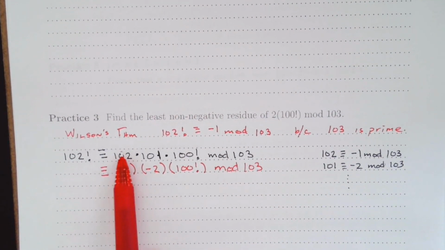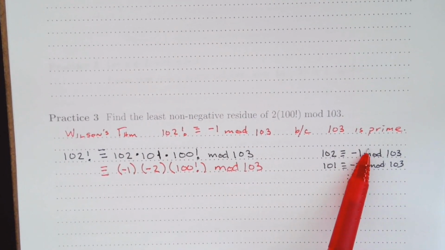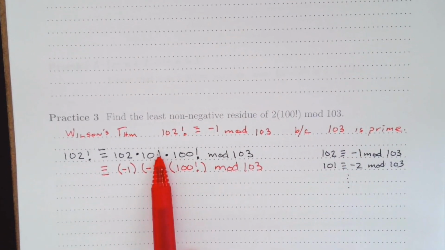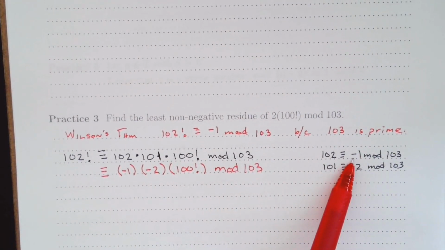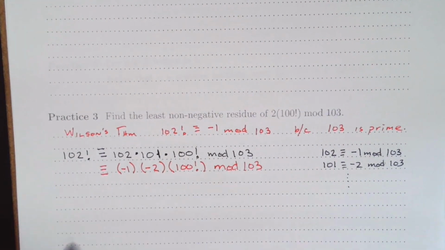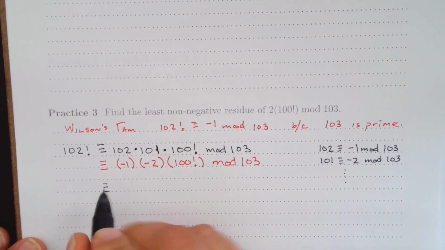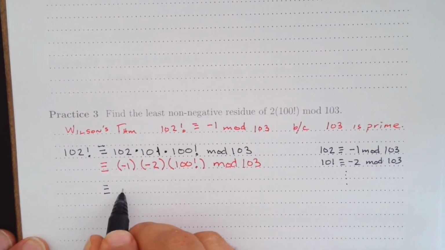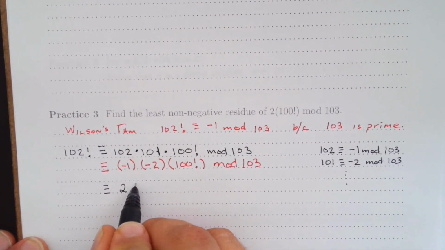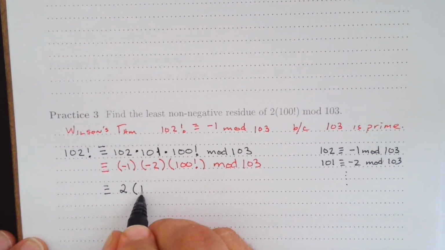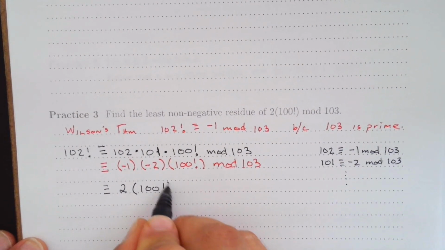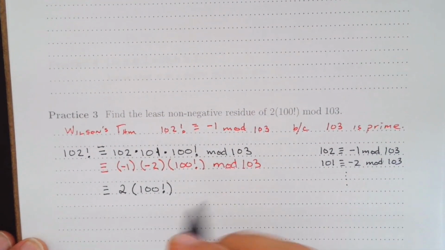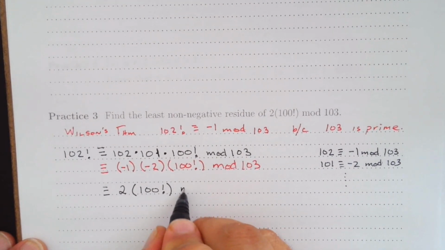But this 102 can be replaced with the negative 1, and this 101 can be replaced with the negative 2. And wouldn't you know, what is negative 1 times negative 2? Negative 1 times negative 2 is 2. So now this is going to be 2 times 100 factorial mod 103.